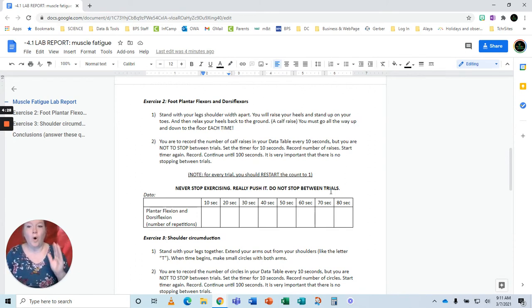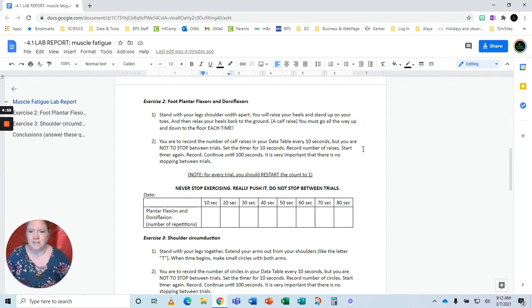You must go all the way up and down to the floor each time. You are to record the number of calf raises in your data table every 10 seconds. So this is short, okay? But you are not to stop between trials. The only thing that we're going to have to stop for is to record the number. That's it. Now, if you're working with a partner, so someone in your house can write down the numbers for you, then you literally don't have to pause at all.